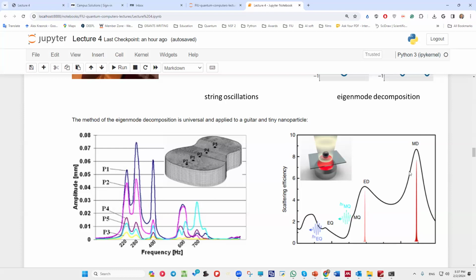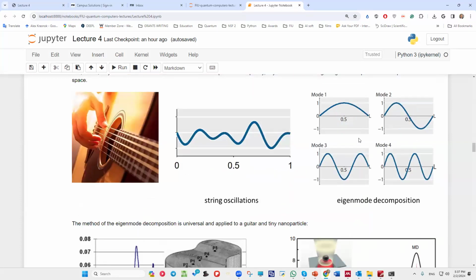And we also see these resonances here, here, and here. So all these resonances also correspond to the eigenmodes of the system. Okay, so all these examples, just like the eigenmodes of the guitar, illustrate this concept of eigenmode decomposition.